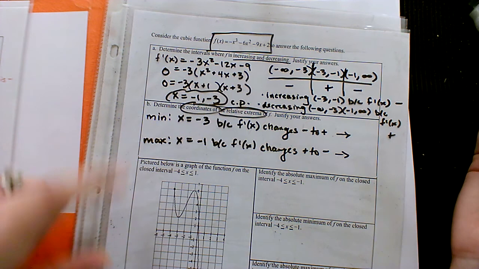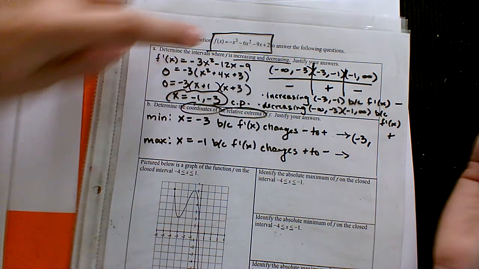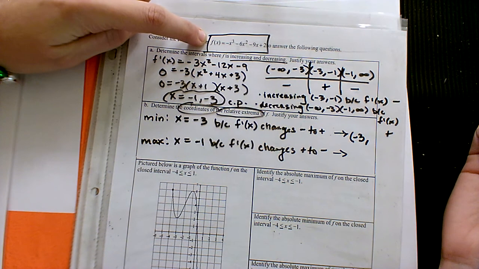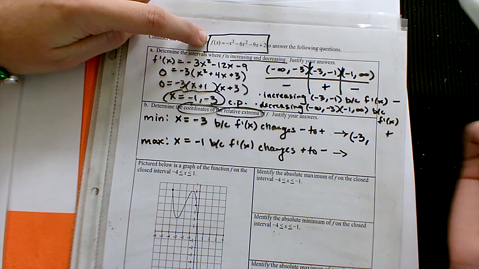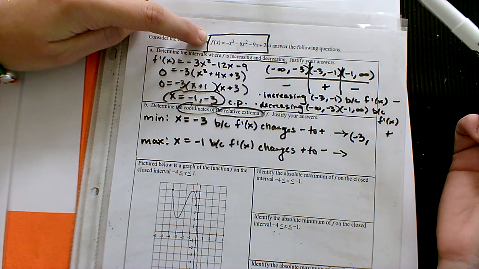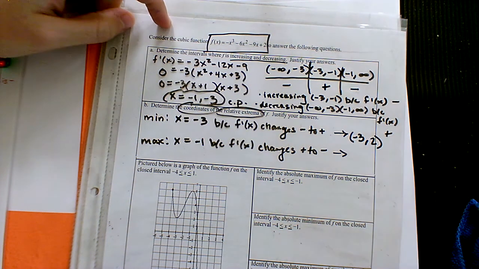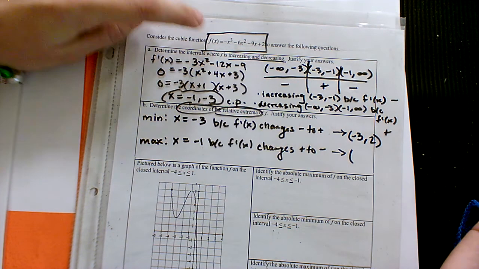All right, so we got to figure out if we were to plug in negative 3 into the original function to figure out where its minimum would be. Okay, not absolute minimum, just a regular minimum, any low point. Can you trust that would be 2? Sure. If I tell you it's 2, do you believe me? Yeah, okay.